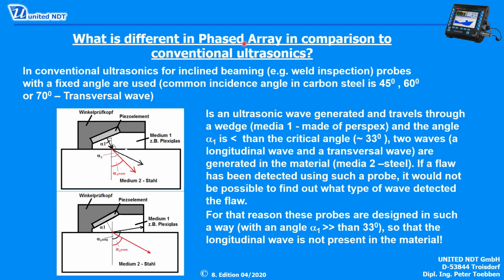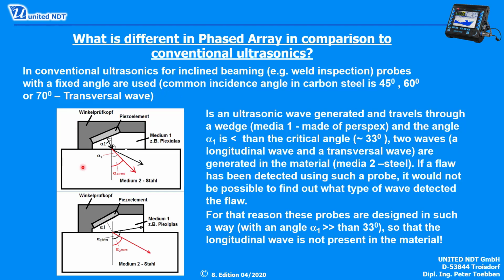So what is different in phased array in comparison to conventional ultrasonics? When you use conventional ultrasonics, especially for weld inspection, you use angular probes with a fixed angle like 45 degree, 60 degree, or 70 degree, and the ultrasonic wave which enters into the material is a transversal wave.